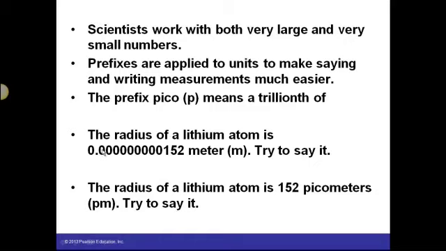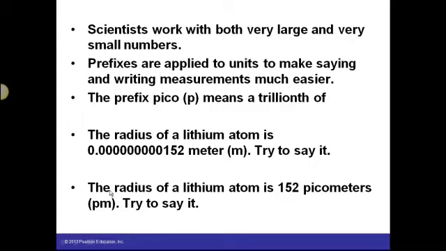I know this is the tenths, the hundredths, the thousandths position, the 10,000ths, 100,000ths. You know, it gets out way far, and it gets really, really difficult to say because that number is so small. So it's 152 trillionths of a meter. That's a terrible number to have to say.